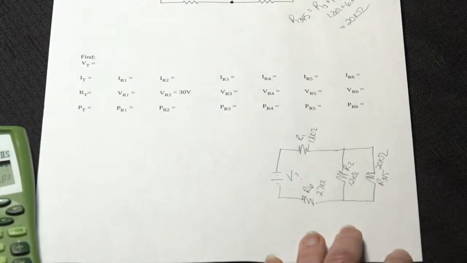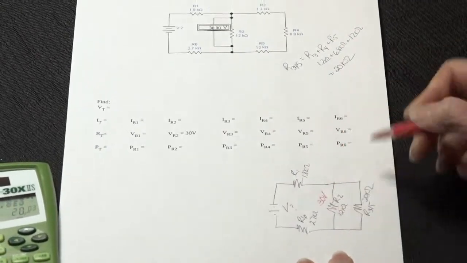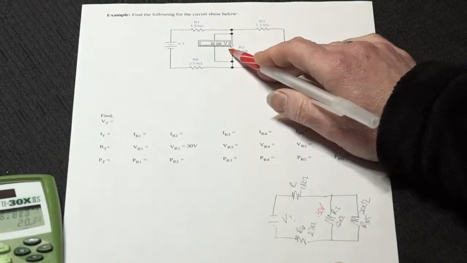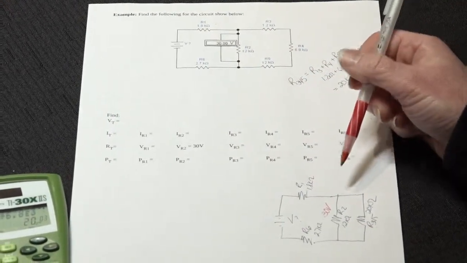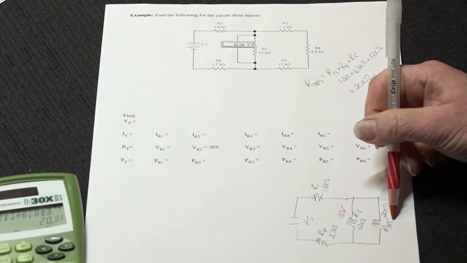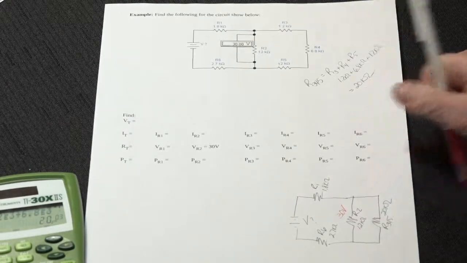Now, I'm just going to write this down because we know from this drawing that the voltage here is 30 volts. Now, we're still looking for the total resistance. We see that R2 and the R345 combination are in parallel with each other.